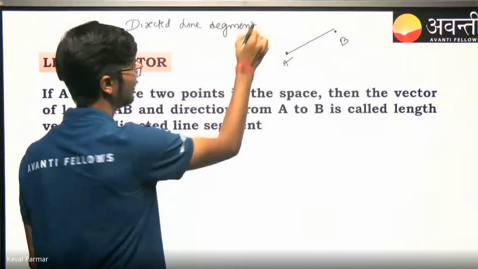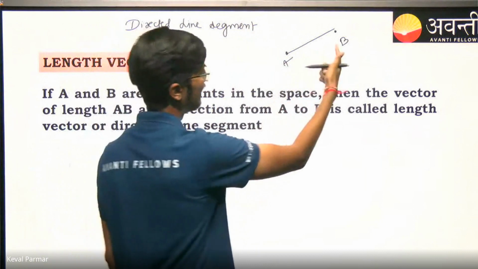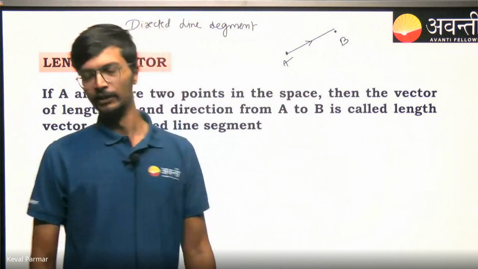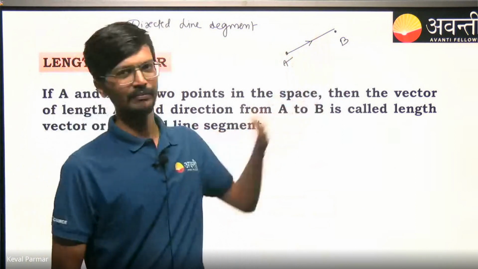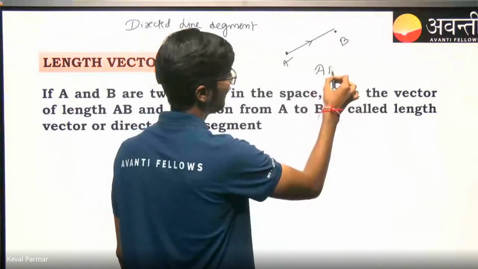Means a vector is basically a line segment with direction. So here A and B are 2 points and direction can be either A to B or B to A. So if I give direction to this line segment, it becomes a vector. And now this vector is denoted by AB bar.